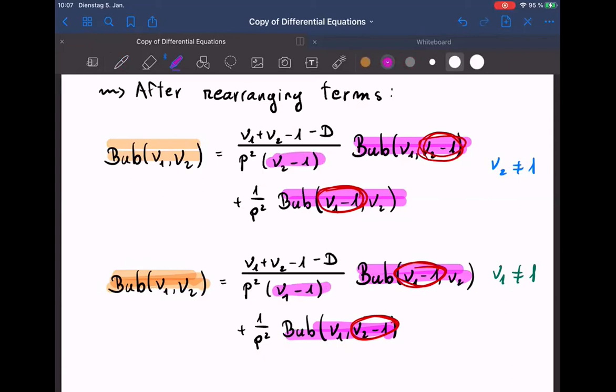That is why you really need these two relations, because if you're in the bulk where both values for nu1 and nu2 are greater than 1, then you could use either of them. But as soon as you get to a boundary, we will see in which sense this is a boundary in a second, where say nu1 is equal to 1, then you could still use this relation, but you could not use the other if nu1 is equal to 1.